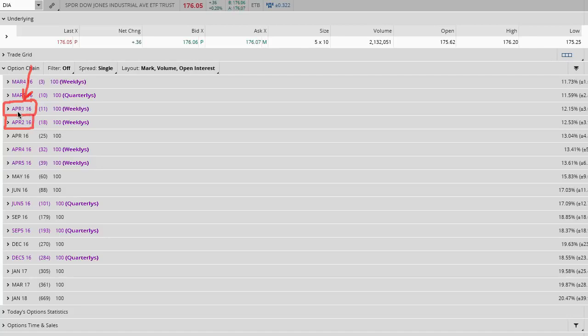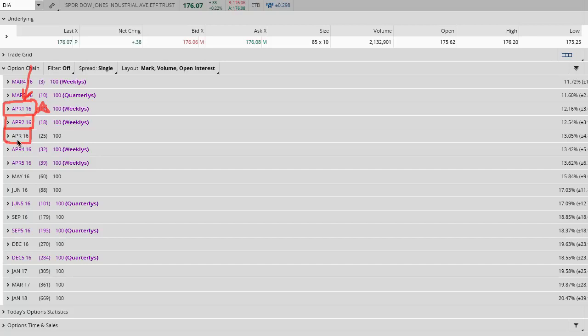What that means is that this contract, APR 1, expires the 1st Friday of April. The APR 2 expires the 2nd Friday of April. Notice there's not an APR 3, because the 3rd Friday of April is for the monthly contract. So there will never be an APR 3 for anything, or a May 3, or a Feb 3.